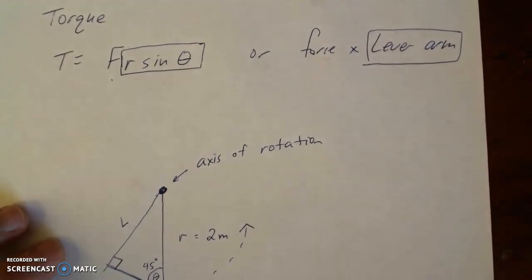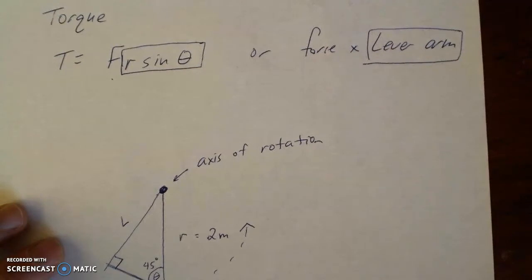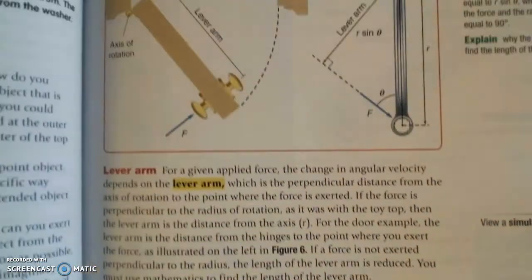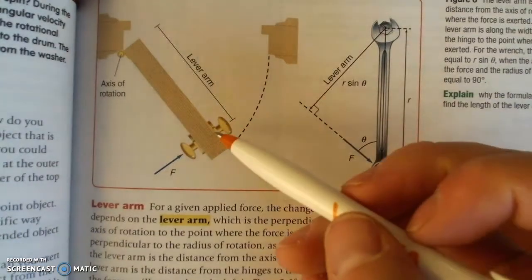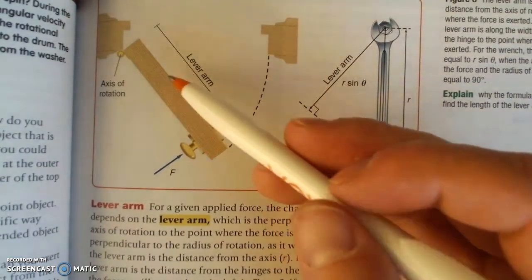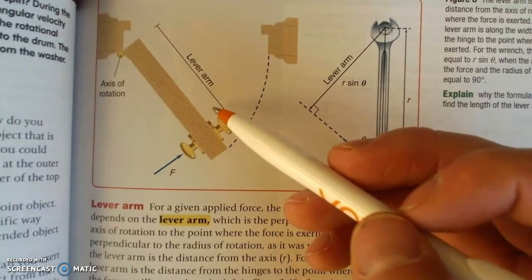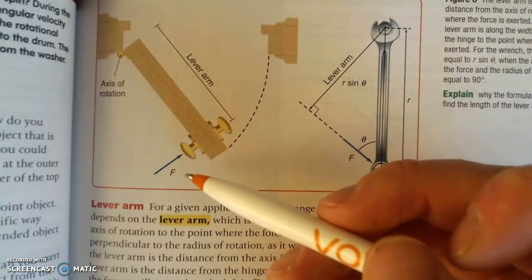Basically, if your force is perpendicular to the lever arm, then it's simply the force times the lever arm. So in this example, going back to here, when we're looking at this door being pushed open, let's say the lever arm, the door, was 2 meters wide, and my force was 3 newtons.